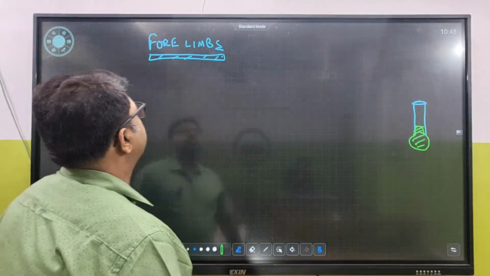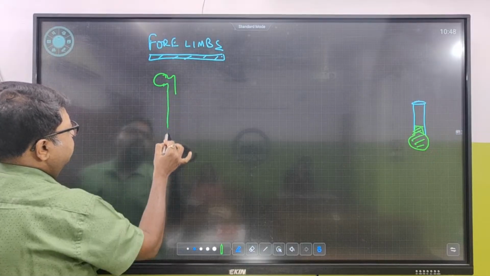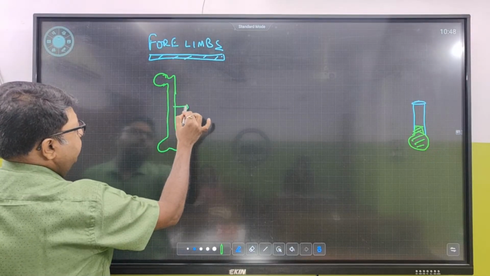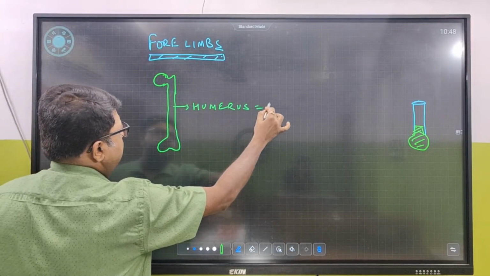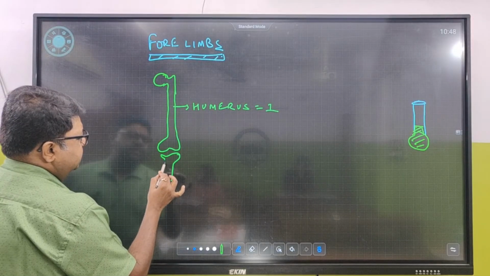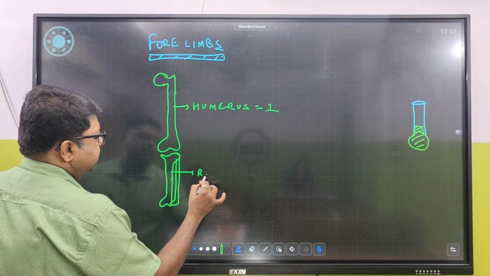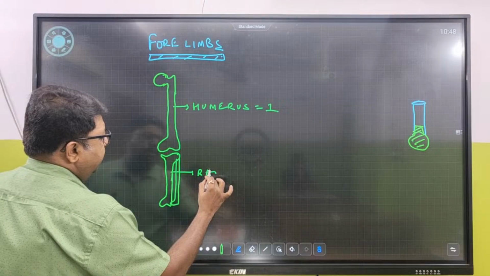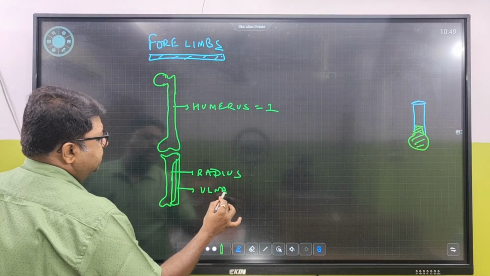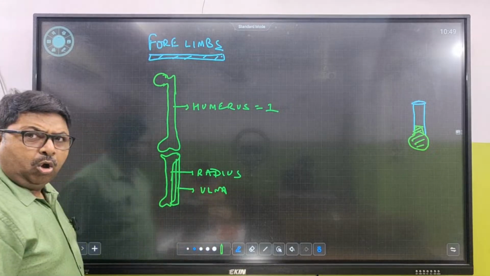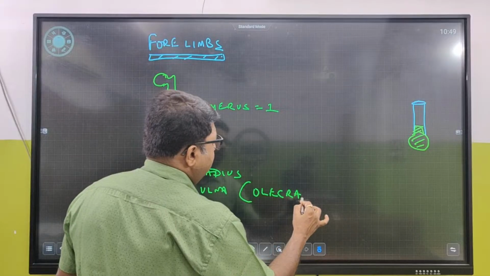Neither does synovial fluid. So when we talk about forelimbs, the first bone of the forelimb is humerus. There is only one bone in humerus. Then there are radius and ulna. This is radius and this one is ulna. Mind you, in ulna there is a process called olecranon process.